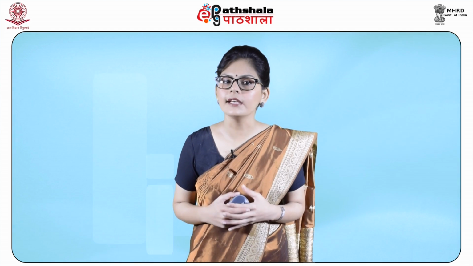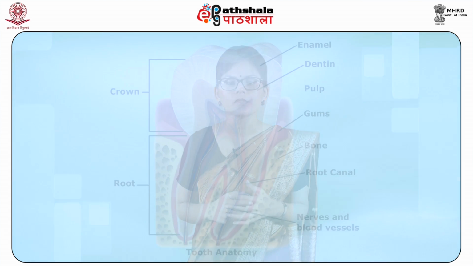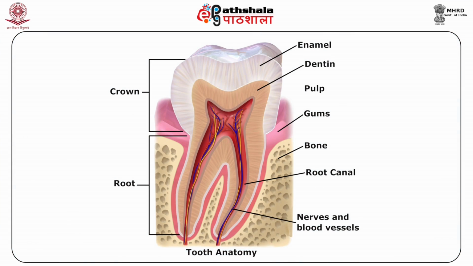Incisors and cuspids each have a single root. Premolars have one or two roots and molars usually have 2 or 3 roots. The crown of the tooth is capped by the enamel, which is the hardest tissue of the human body.